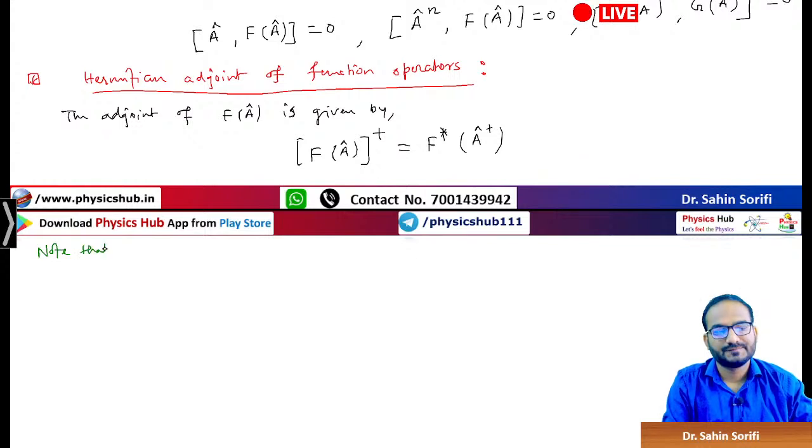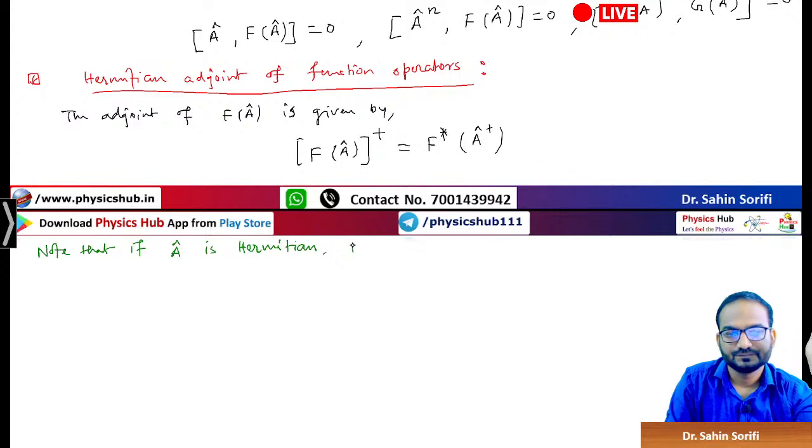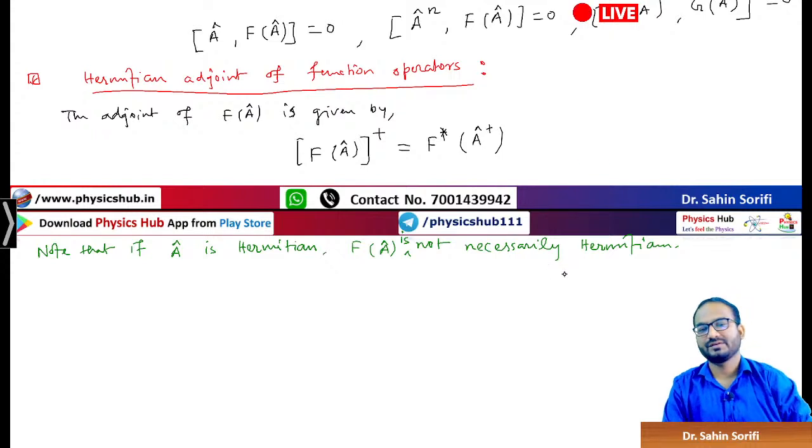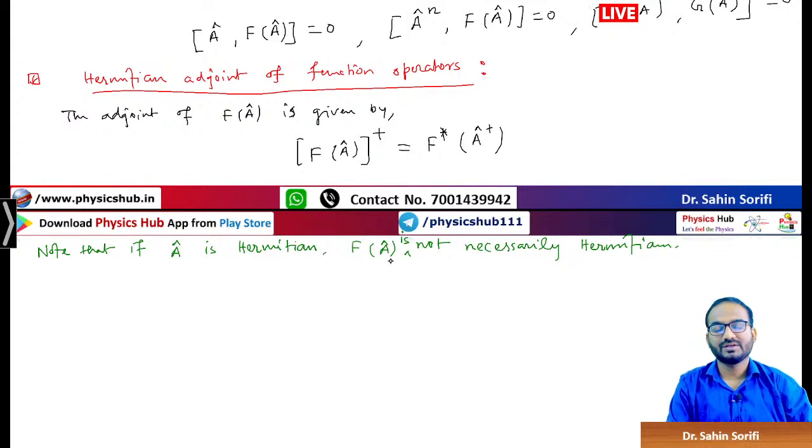So note that if A is Hermitian, f of A is not necessarily Hermitian. It will depend upon the functional form. This is quite straightforward, because f of A can be anything depending on the operator A. So it may be Hermitian, it may not be Hermitian.